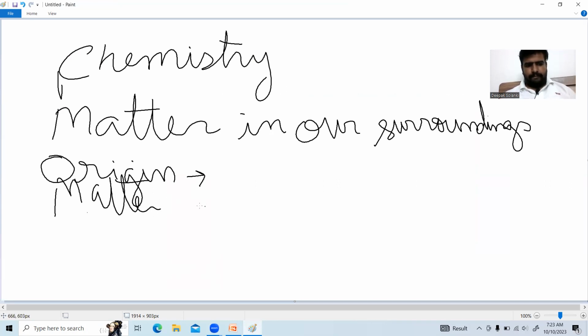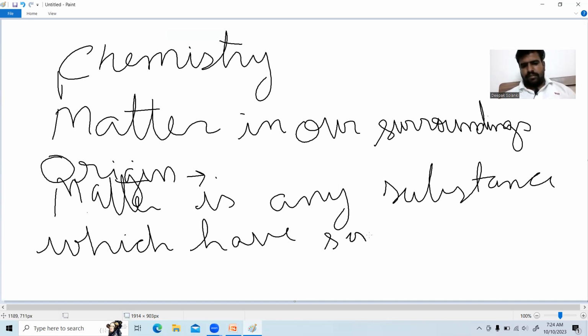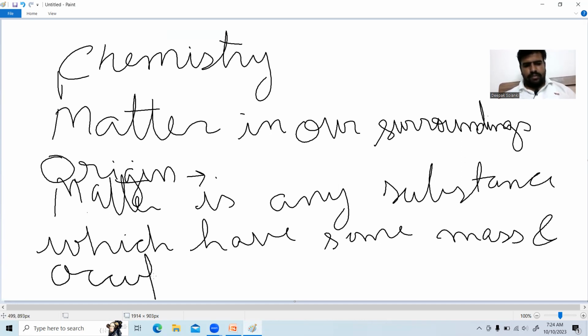Matter is any substance which has some mass and occupies some volume.